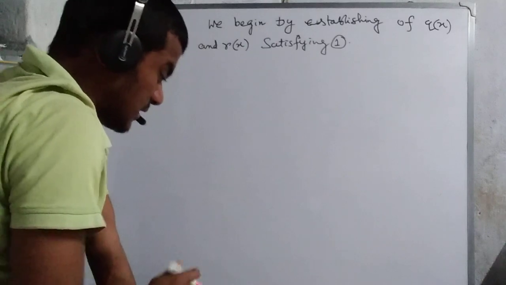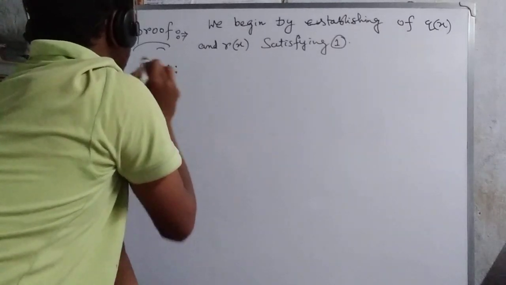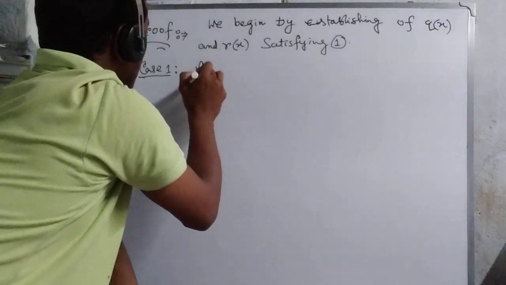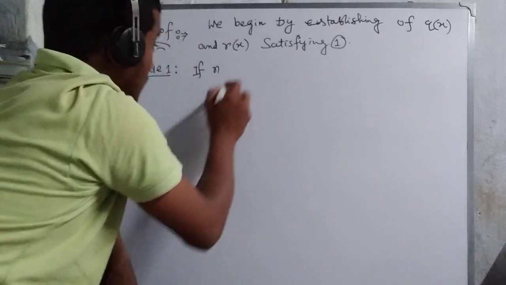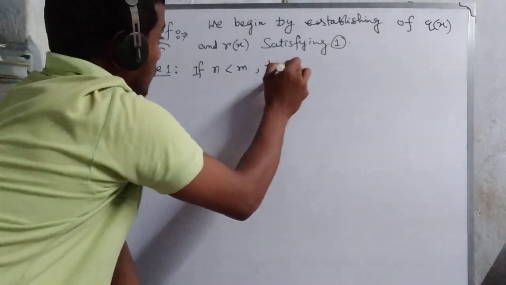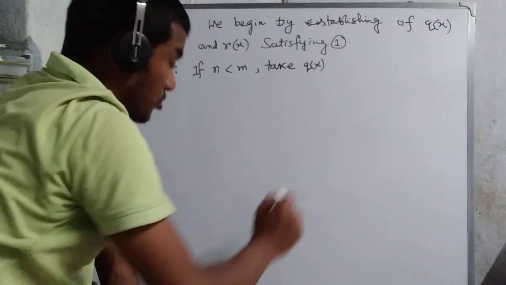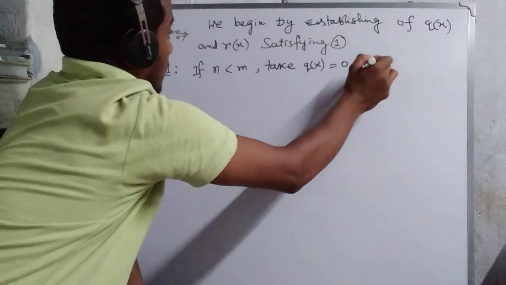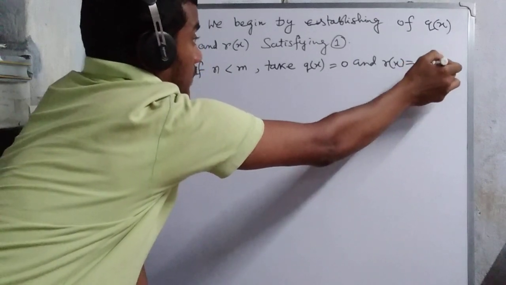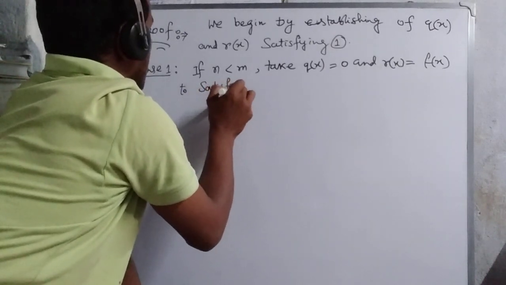Case 1: if n is less than m, take q(x) equal to 0 and r(x) equal to f(x) to satisfy (1).